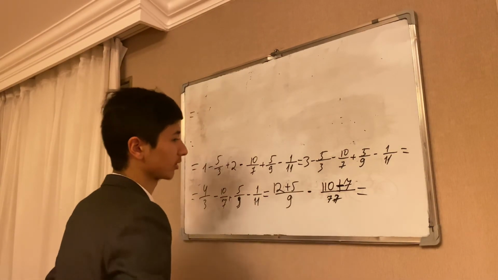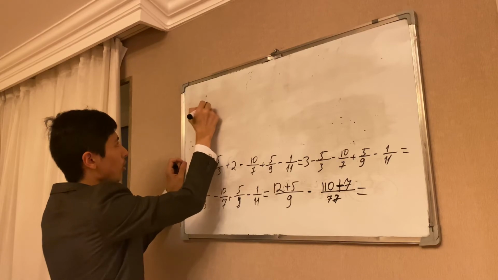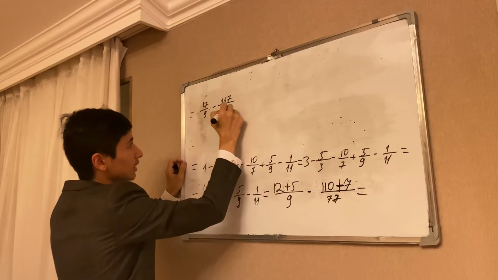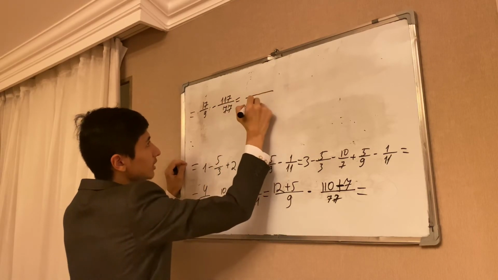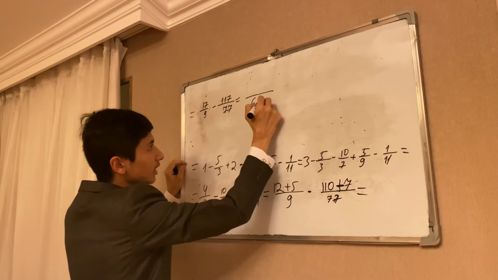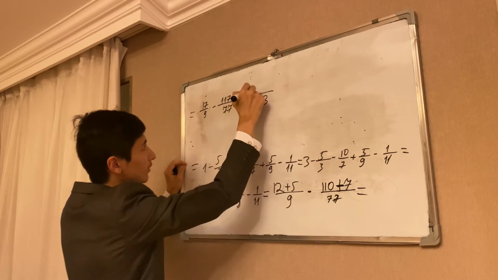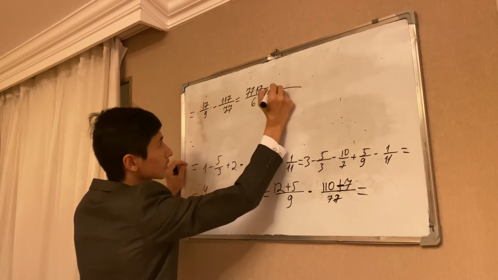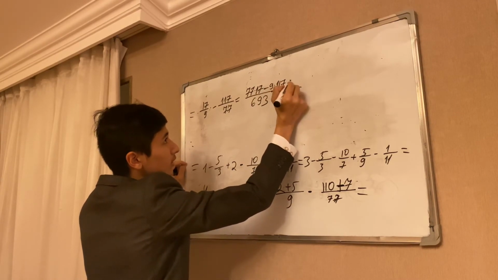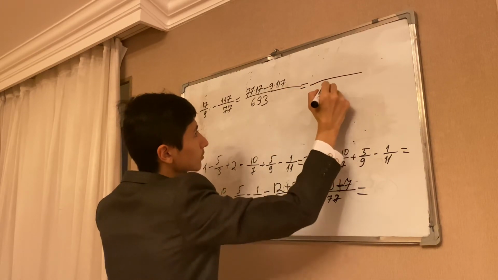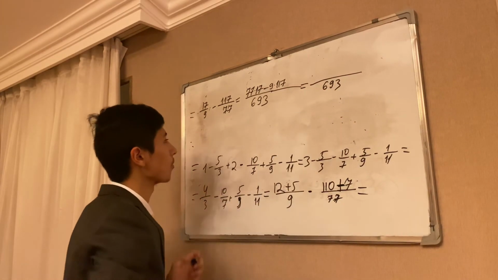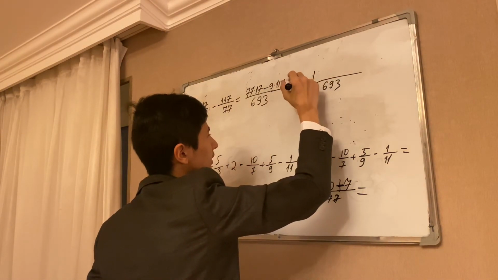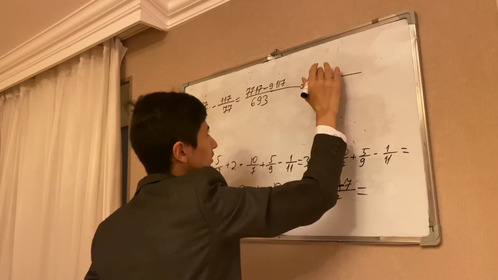After this step, we can write 17 over 9 minus 117 divided by 77, and here we write 693, and 77 multiplied by 17 minus 9 multiplied by 117, we get 1053.